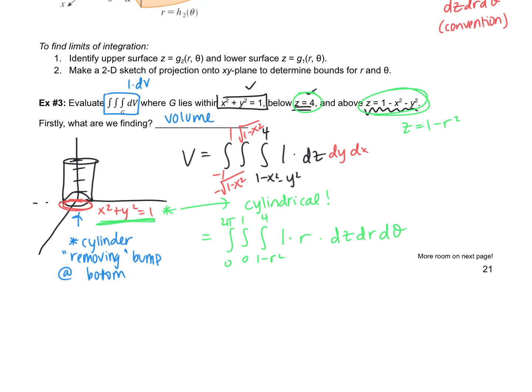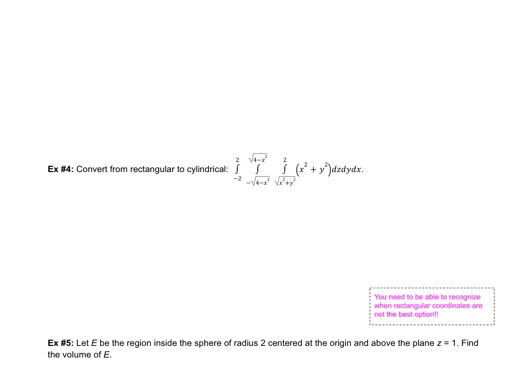Okay, and now we're ready to actually evaluate this. So what I'm going to do is move this onto the next page for the evaluation part. So again, we have 0 to 2 pi, 0 to 1, 1 minus r squared to 4 of r dz dr d theta.